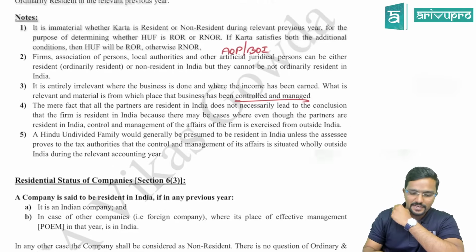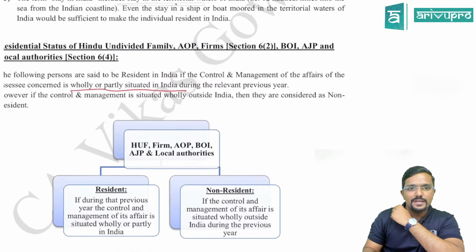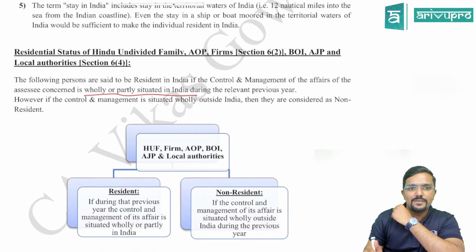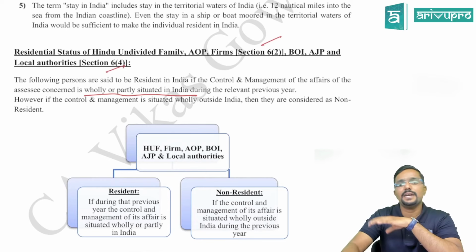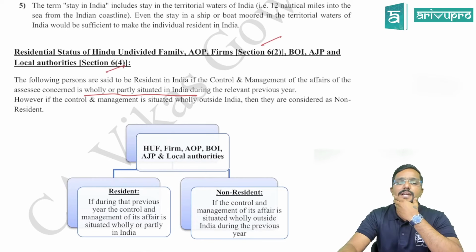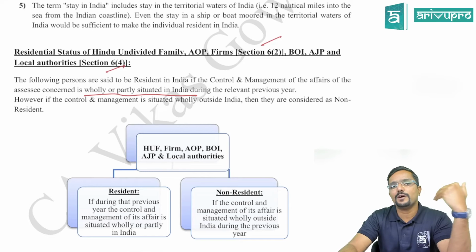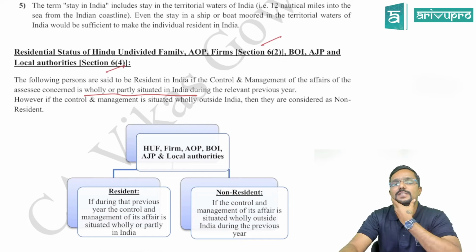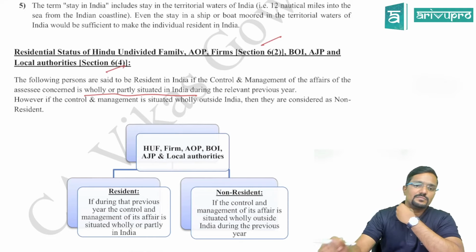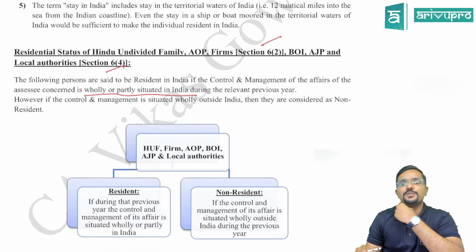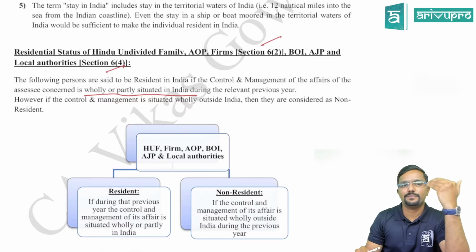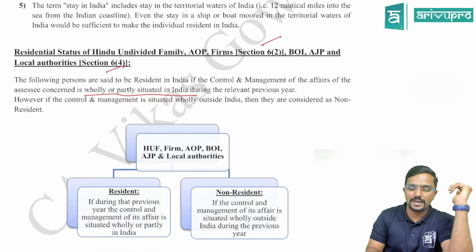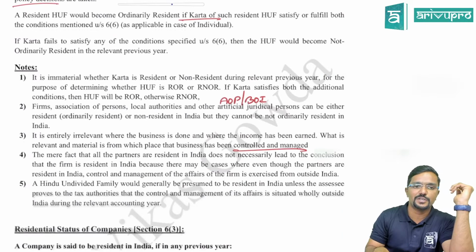Okay, see here, there are 2 sections which are covered, 6.2 and 6.4, but the criteria is the same. 6.2 covers HUF, AOP, firms, whereas the remaining people fall under 6.4. Anyone who is not falling in the previous categories will fall under artificial juridical person, like education institutions, hospitals and all.